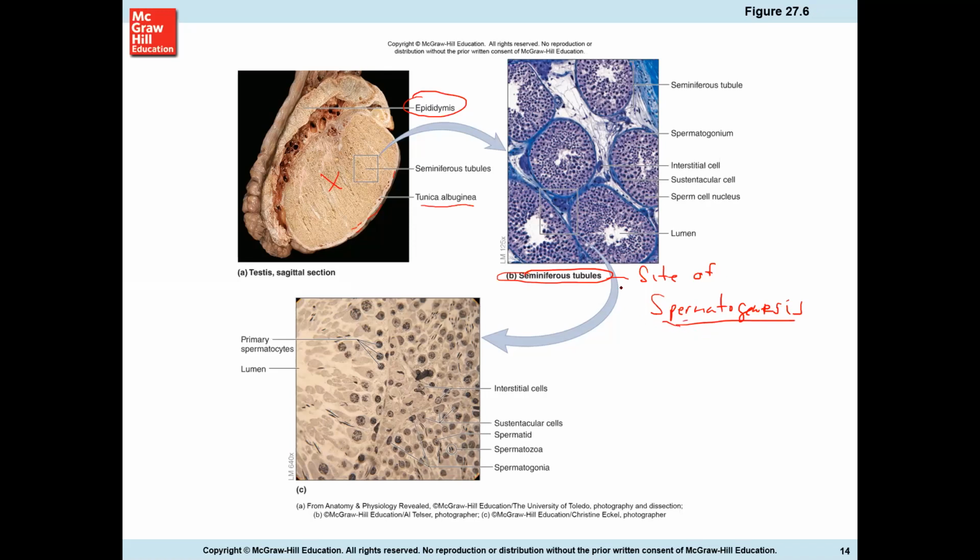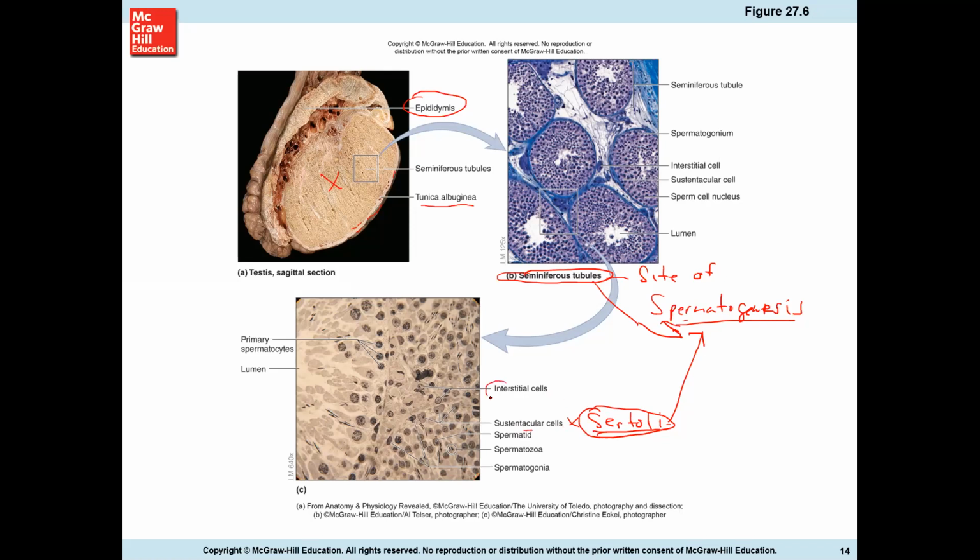And the cells that do this in the seminiferous tubule are called sustentacular cells or Sertoli cells. So basically, they help nourish the sperm so they can develop. So Sertoli cells are important for spermatogenesis. So the FSH targets Sertoli cells, which are called sustentacular cells.